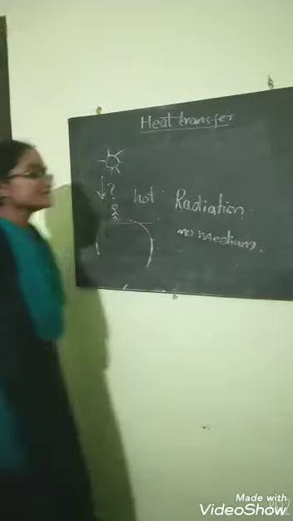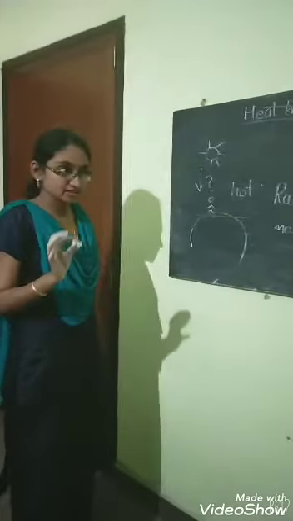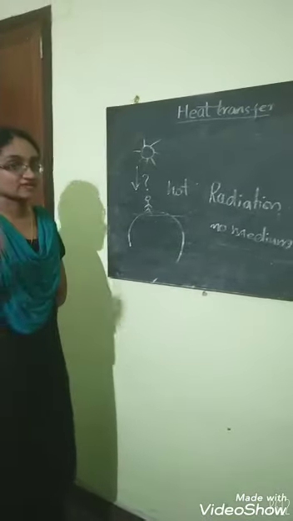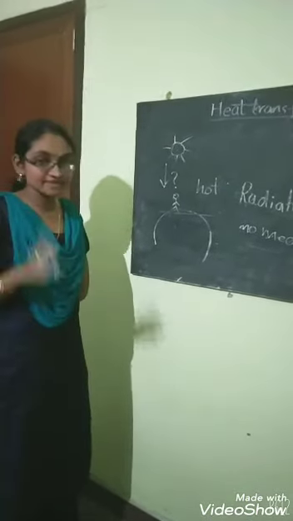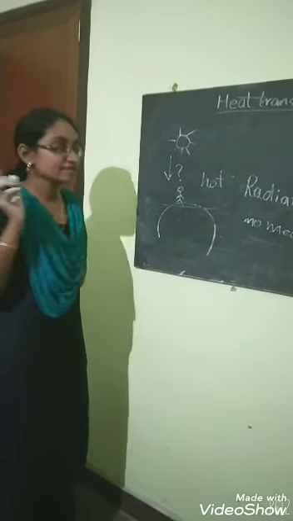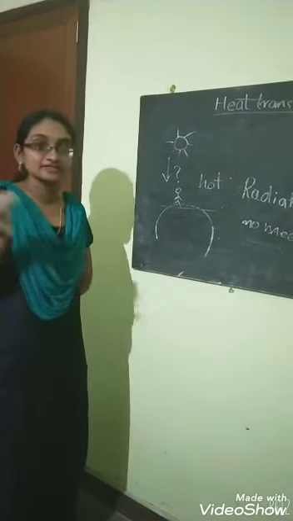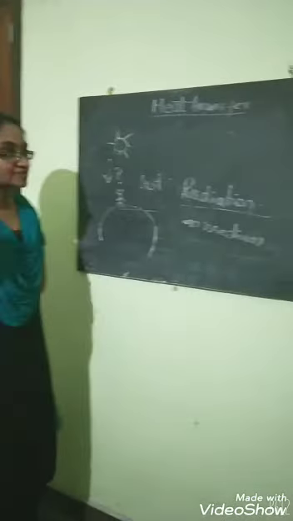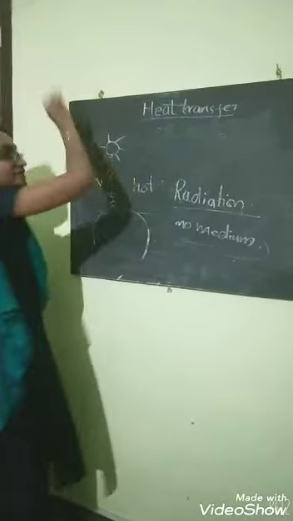So for radiation, there is no medium to transmit the energy. Here the energy is heat. For conduction and convection, they need some medium. This is a very important point: conduction and convection need some medium to transfer heat, and radiation needs no medium for transferring heat or its energy.